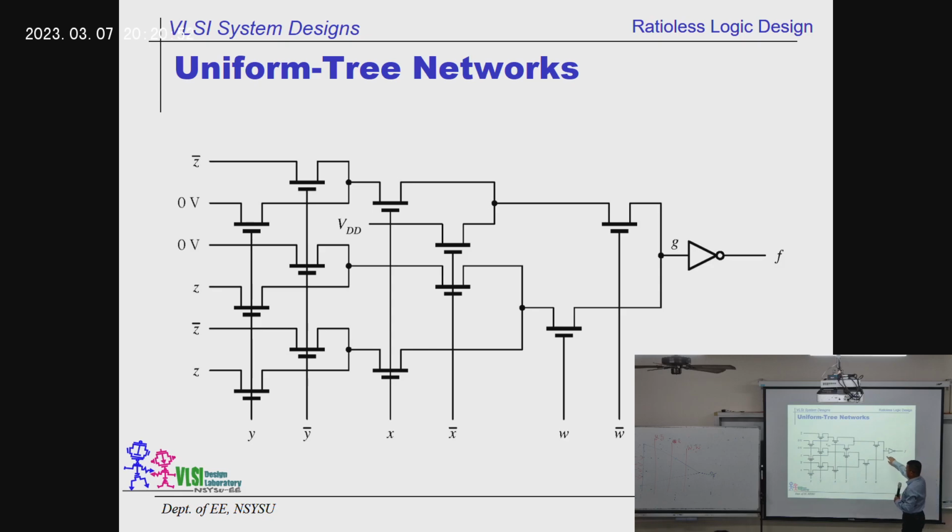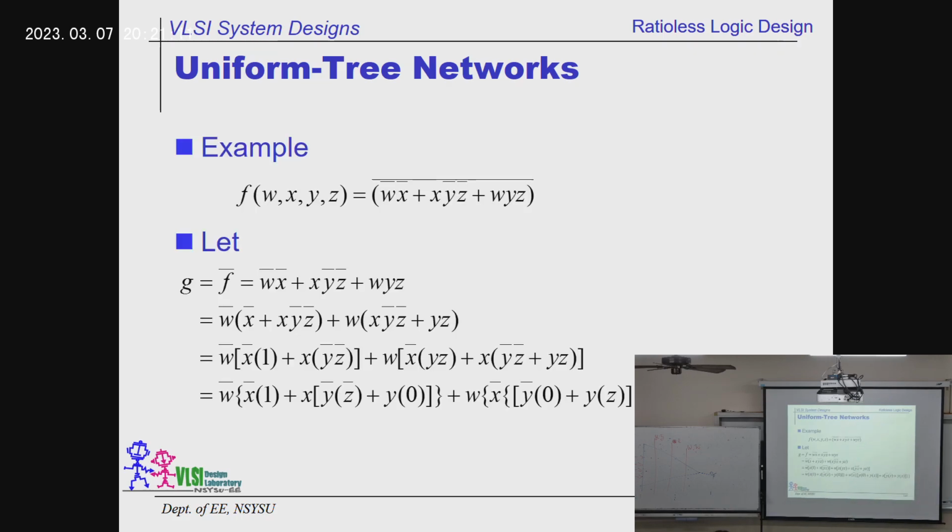Now you check all the paths over here. Let's check the first one. See that? Z bar goes through the Y bar control, X, and W bar. So W bar, X, Y bar will get a Z bar. Let's check the original equation. It's here. See? 1, 2, 3.